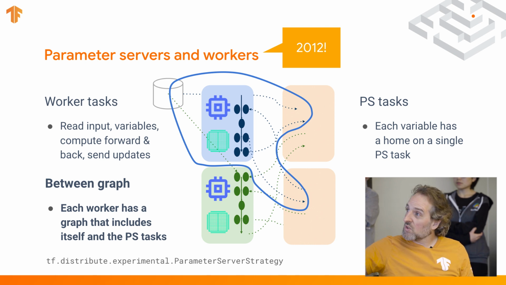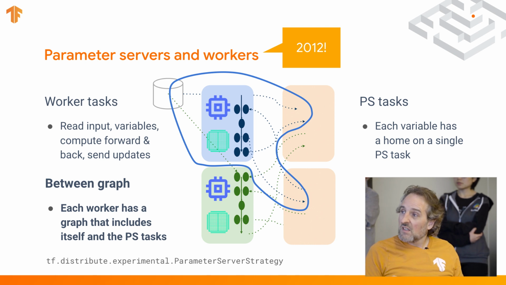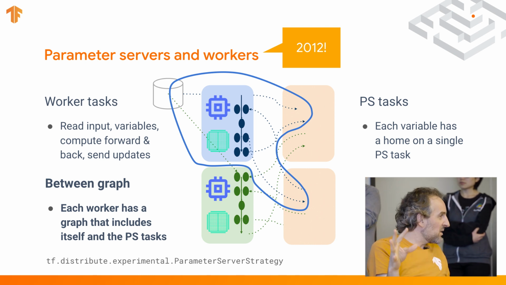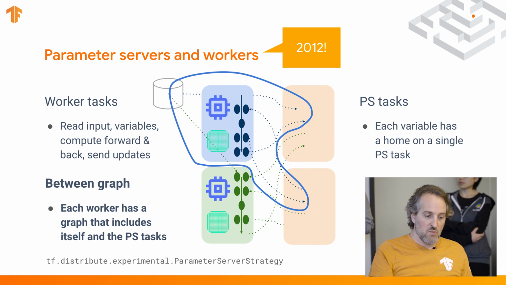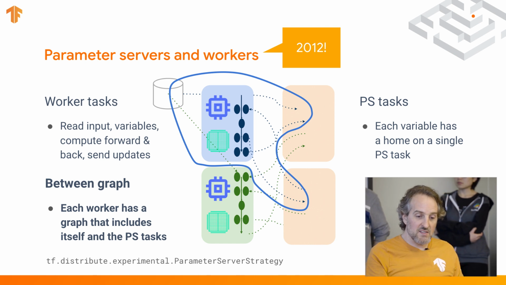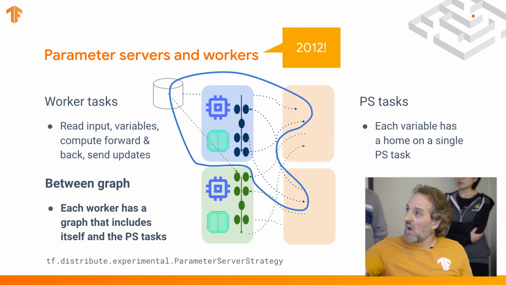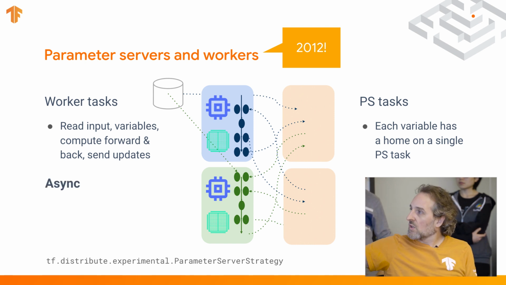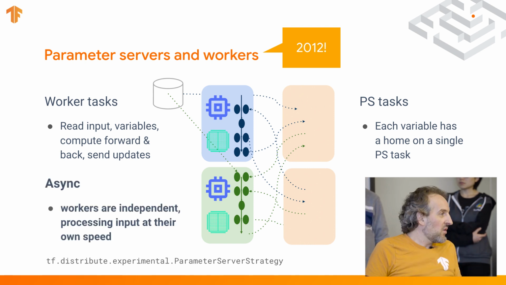This allows these workers to run asynchronously, and that combination of working between-graph and async makes it easy to tolerate failures. So you can run preemptible workers at lower priority or whatever. As long as your parameter servers stay up, you can keep going without really any interruption.